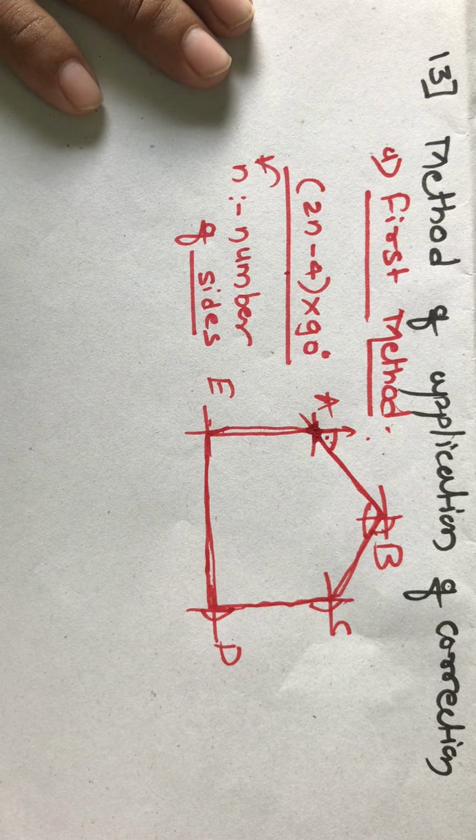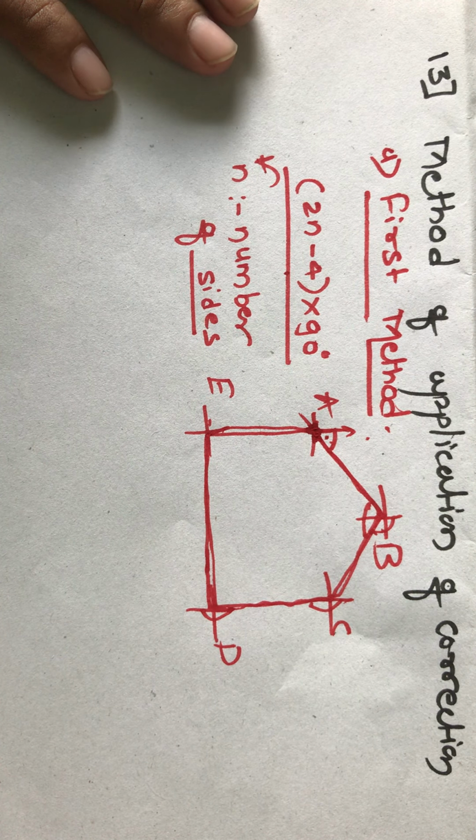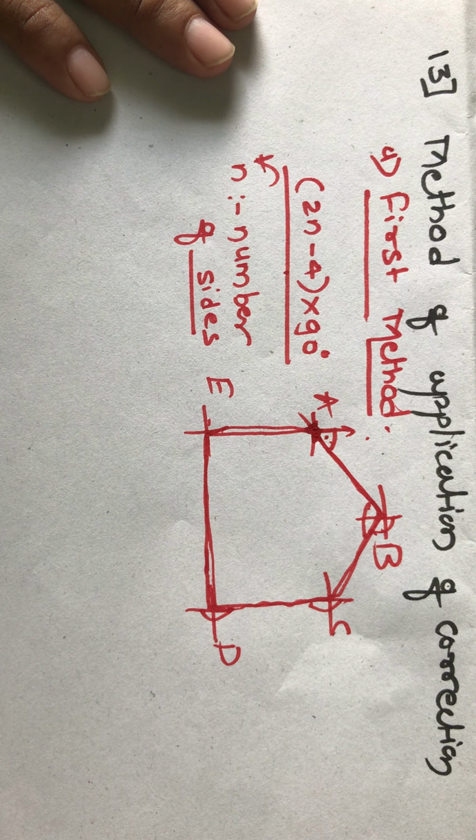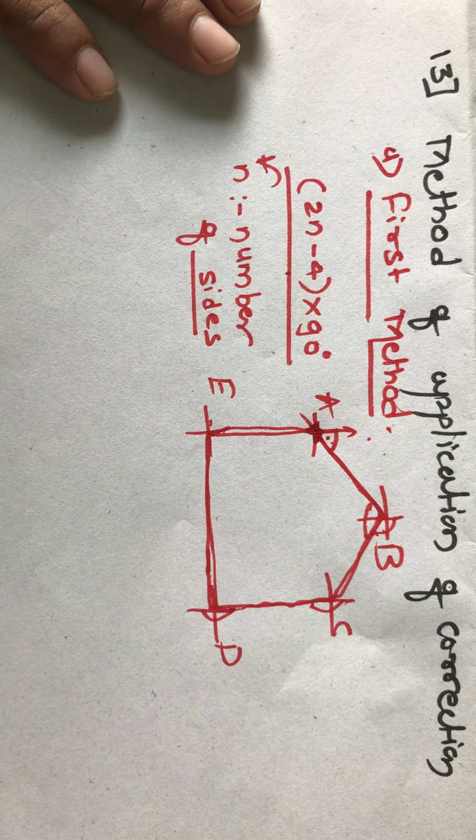If it is not matching, what should we do? The total error is equally distributed among all the angles of the traverse. So whatever errors there are, we distribute equally among all the angles of the traverse.